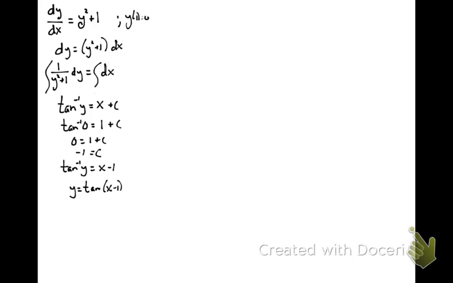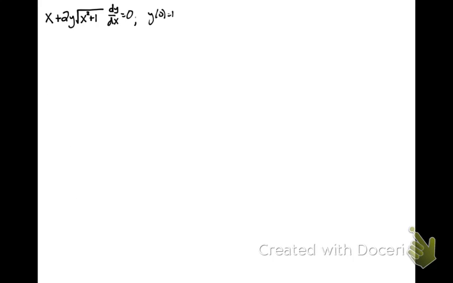Let's do one more. For our last example, we have (x plus 2y times the square root of x squared plus 1) dy/dx equals 0. Separating the variables is going to be tricky at first, but I'll subtract x from both sides. So 2y times the square root of x squared plus 1 dy/dx equals negative x.